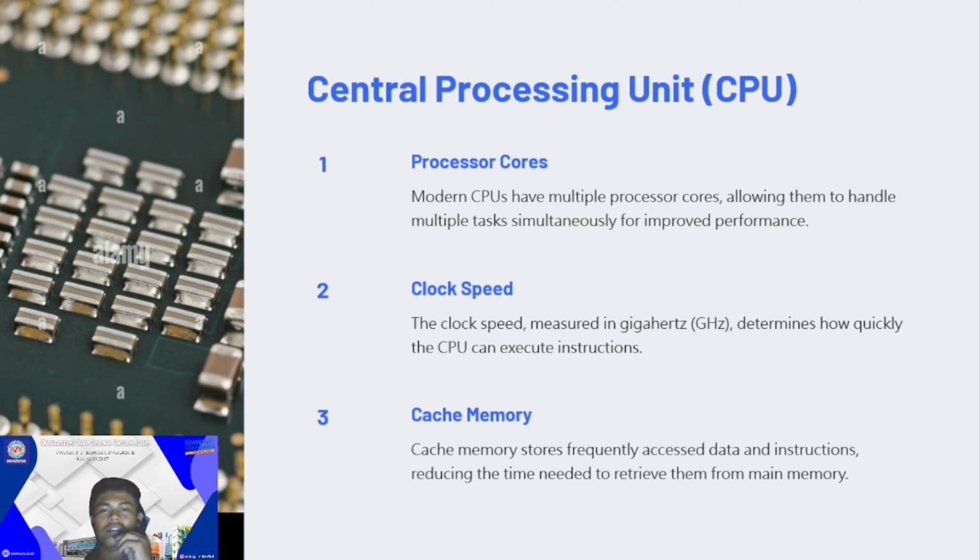The first is processor cores. Modern CPUs have multiple processor cores, allowing them to handle multiple tasks simultaneously for improved performance.